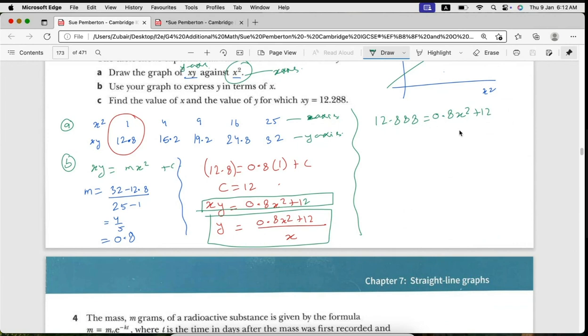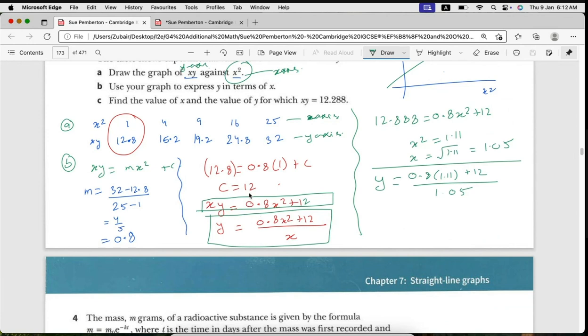So 12.888 minus 12 divided by 0.8 is 1.11. x square is equal to 1.11 and x is equal to square root of 1.11, which is 1.05. So last part is y equals 0.8, x square was just 1.11 plus 12 over x, which is 1.05. But isn't it still 12.8 because that's the value for XY, right?